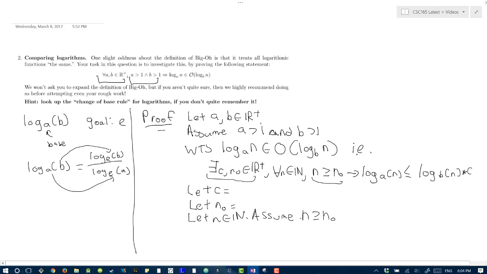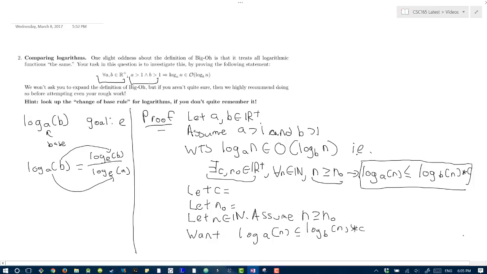Okay, so then we want our final result to be log A of n smaller than or equal to log B of n times C.